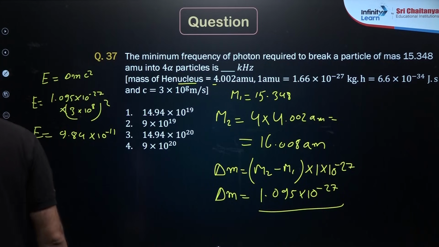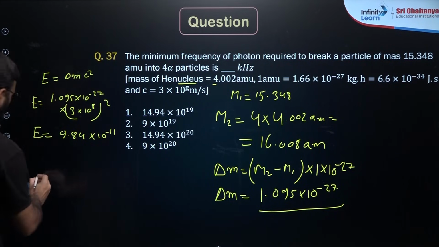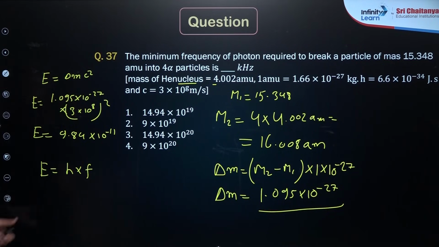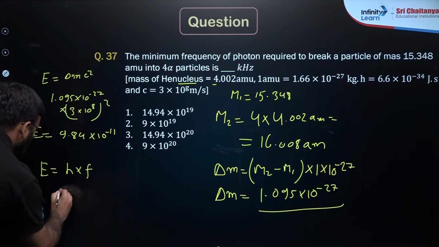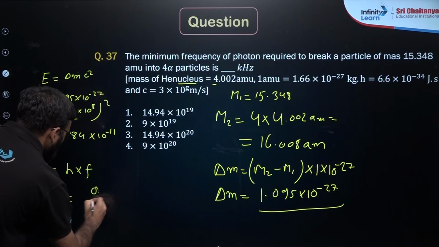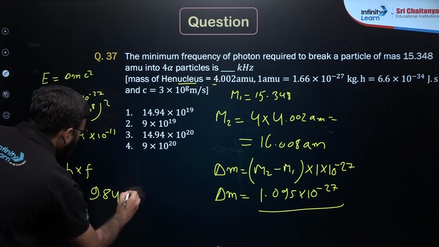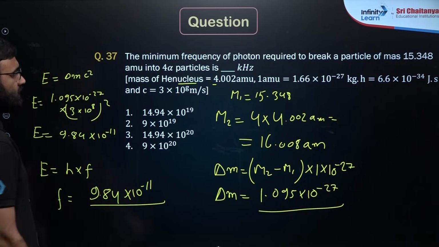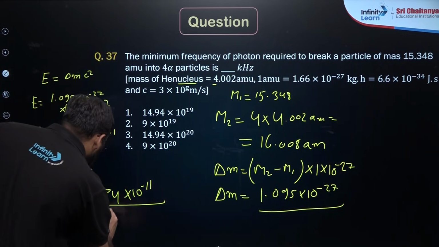Okay, so the energy required for the photon is E equals h into f. H is the Planck constant, so f equals 9.84 into 10 to the power minus 11 divided by h, which is 6.6 into 10 to the power minus 34.